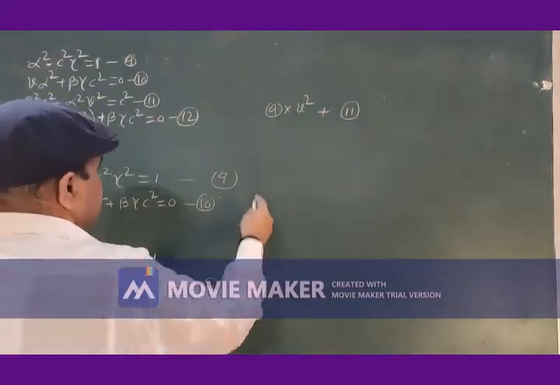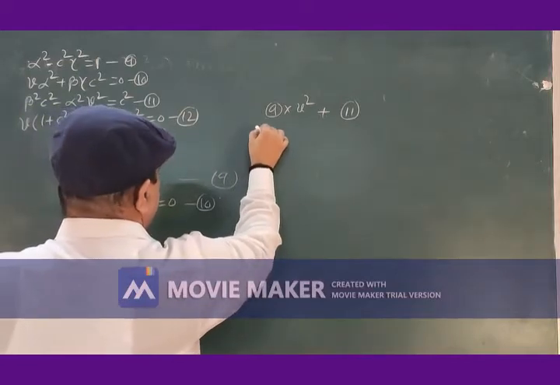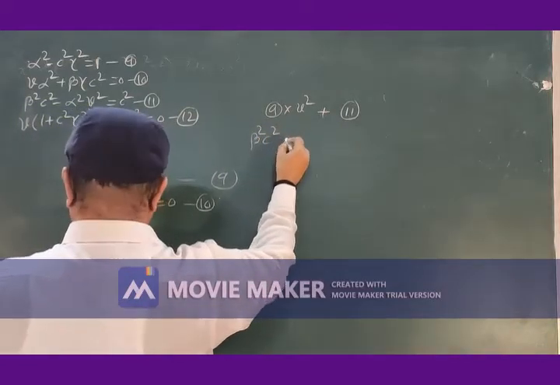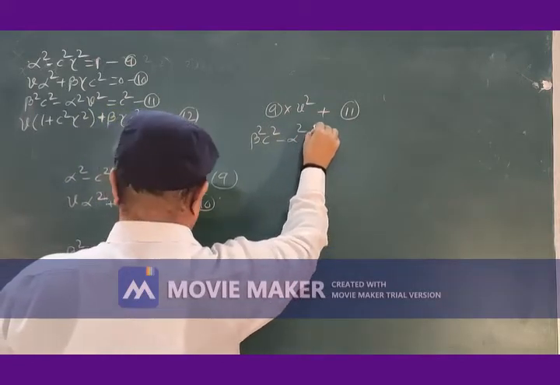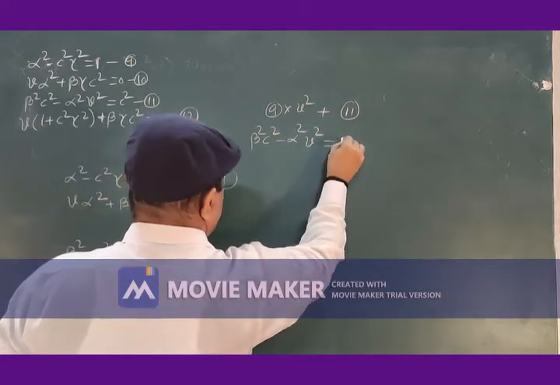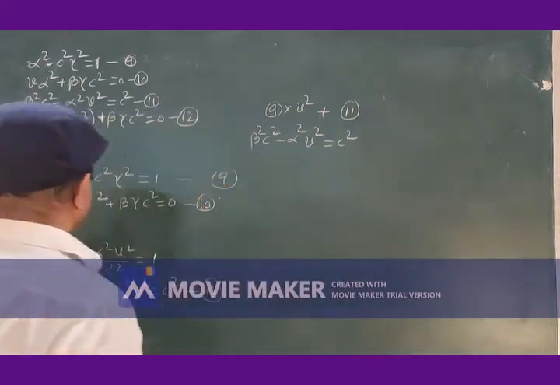Let me write 11 as it is: beta square c square minus alpha square v square is equal to c square.